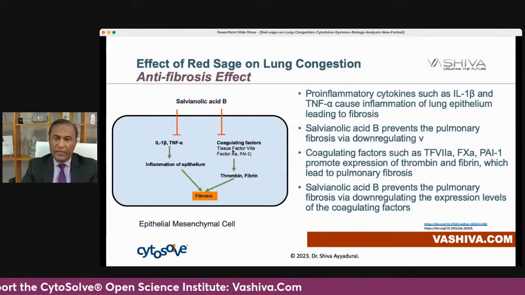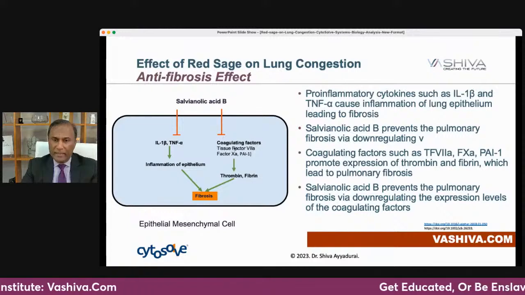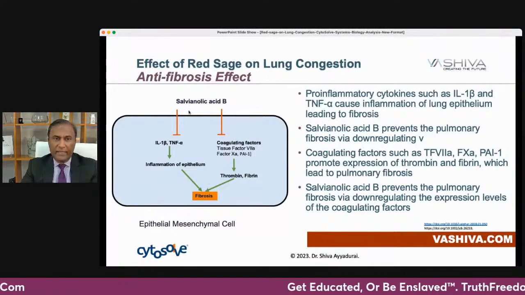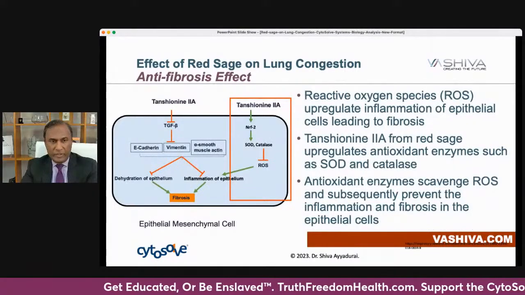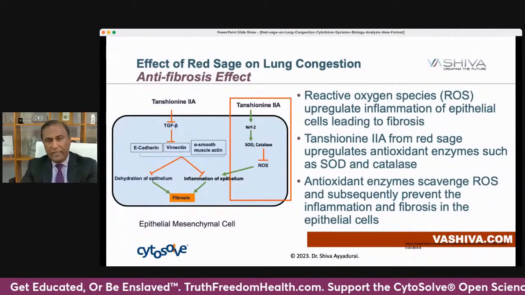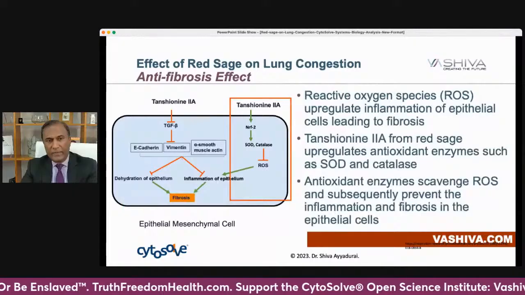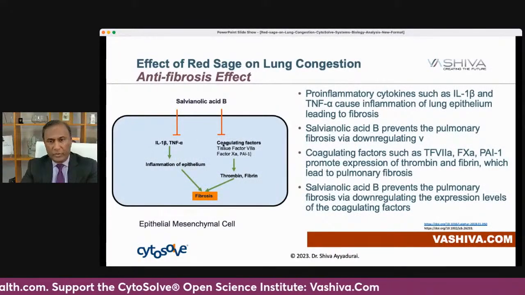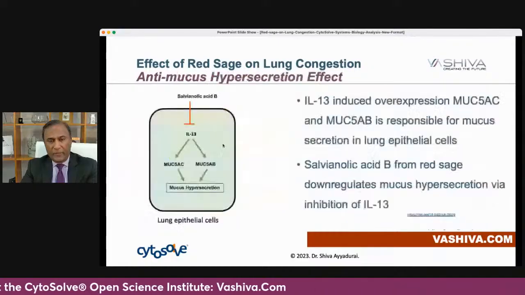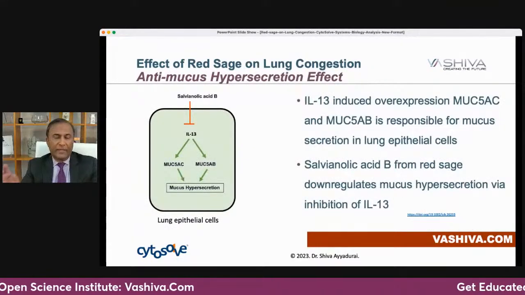So these are fibrotic factors, and salvianolic acid blocks these so you don't get fibrosis. So again, salvianolic acid B, like tanshinone IIA, which affected things two ways, salvianolic acid also affects fibrosis in two other ways. So think about it, it's very powerful, two different ways.